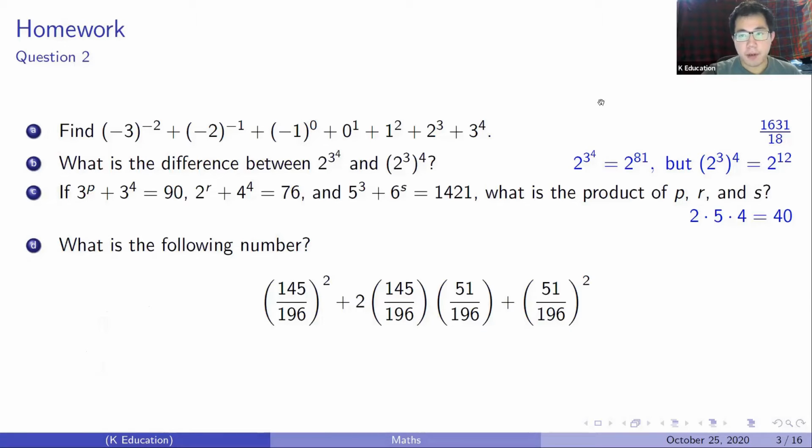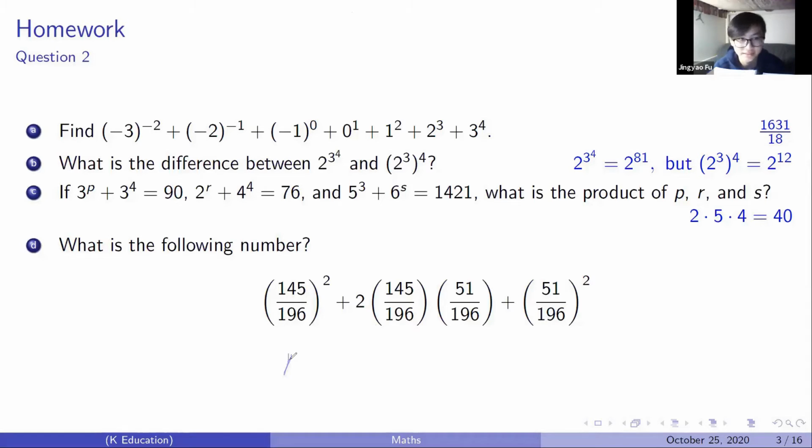Part D then. Jing, what did you say for part D? I realized that instead of working it out, you can factorize it into a plus b squared.